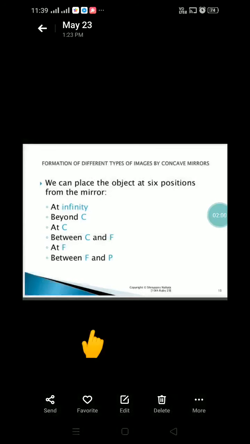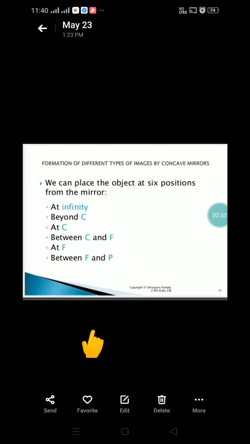First, we are studying the image formation of concave mirror. In the last physics lab, we observed that depending upon the distance of the object from the mirror, it may produce an enlarged, that means big sized, or a diminished, small image.